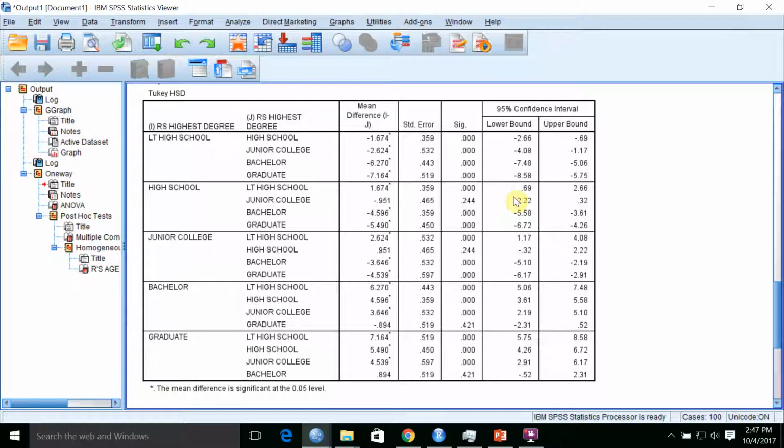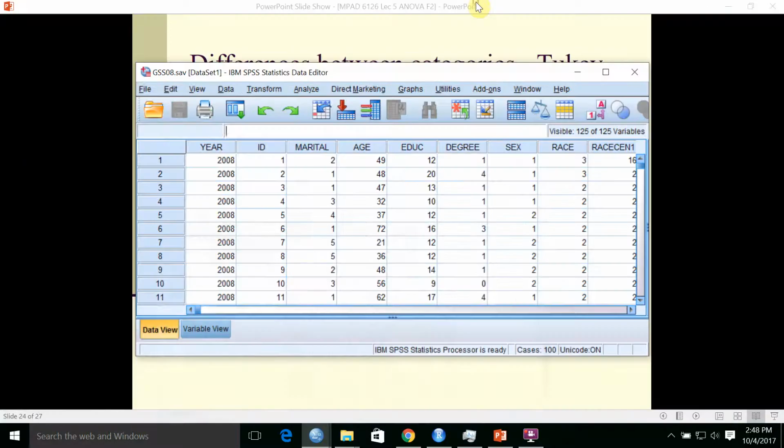So what we see here is that there is a significant difference between almost all the categories. The only categories that are not significantly different, really, are the difference between high school and junior college and the difference between people that get bachelor's degrees and graduate degrees. So quite interesting, probably what we would expect if we really sat down and thought about it.